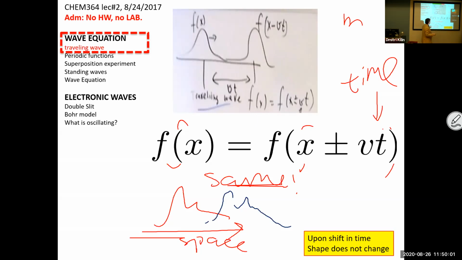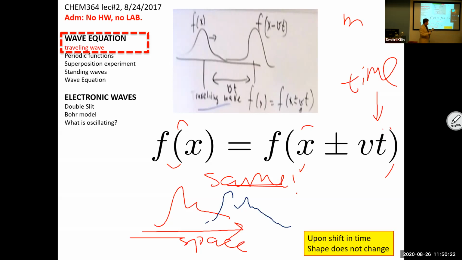So if we define a wave of what, like an electromagnetic wave, a wave of probability to find an electron, or the compression of air in an acoustic wave, you can put it as a function or as an observable depending on position and time.